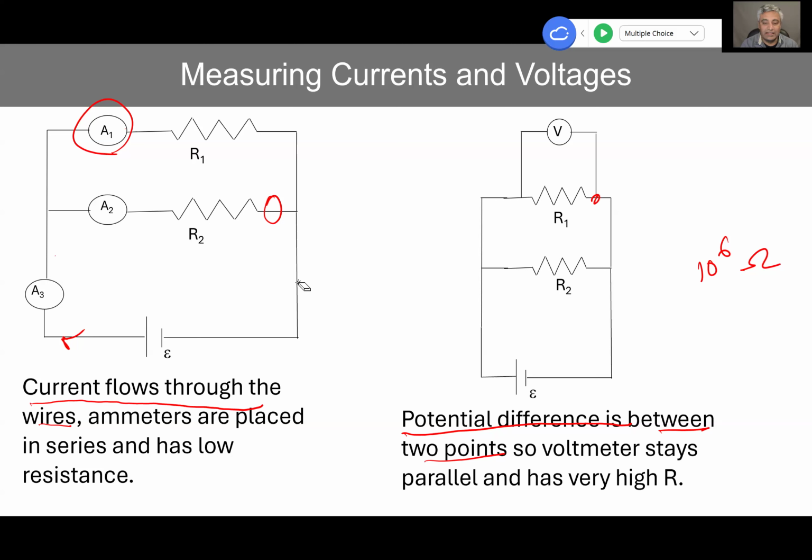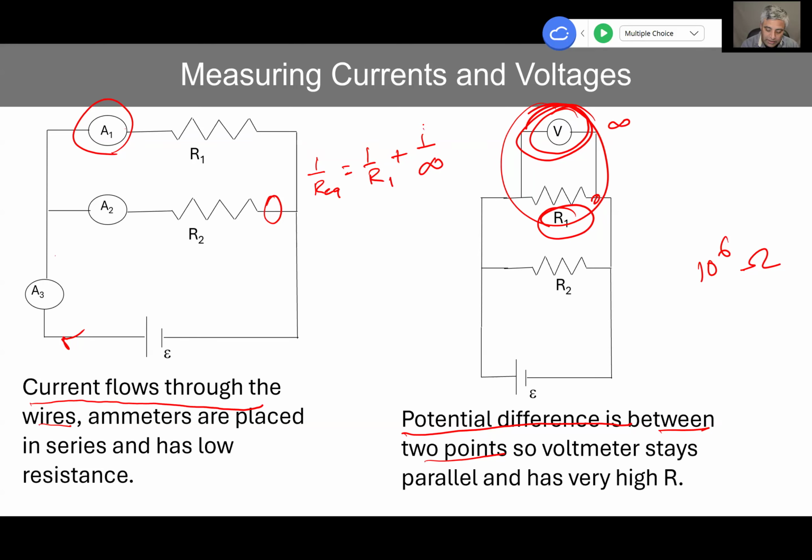Ammeters, on the other hand, have less than 1 ohm resistance. Okay, so that's how much different they are. So when this resistance is very high, for example, let's say this was infinity, what's the equivalent resistance now? 1 over R equivalent is 1 over R1, plus 1 over the resistance of the voltmeter, and for convenience, to easily see it, I'm saying that's infinite.